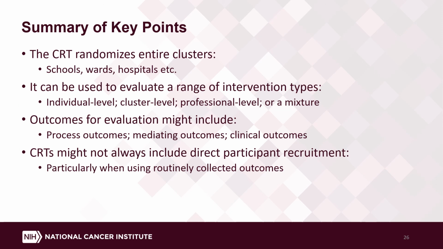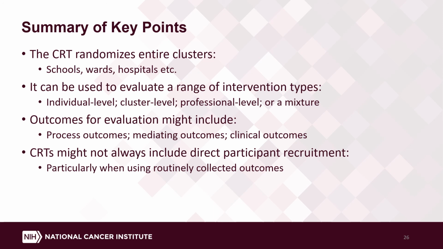So a summary of the key points we've covered here. Cluster randomized trials randomize entire clusters, and these might include such things as schools, wards, hospitals, etc. They can be used to evaluate a range of different intervention types. And these interventions are typically classified into those that target the individual, those that target the cluster, those that target the professional, or those that target a mixture of all 3.